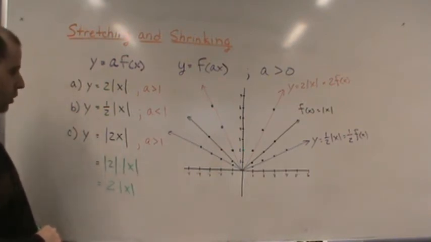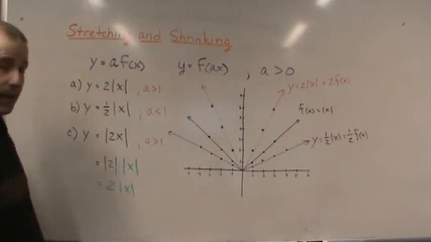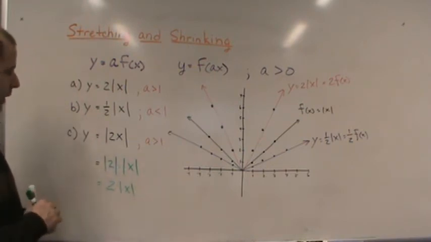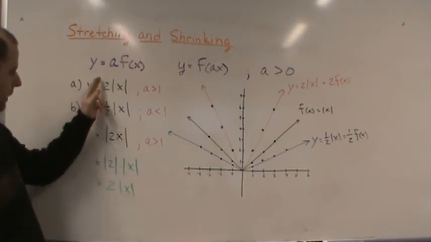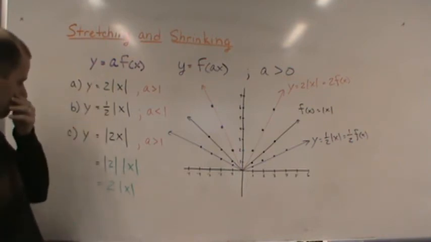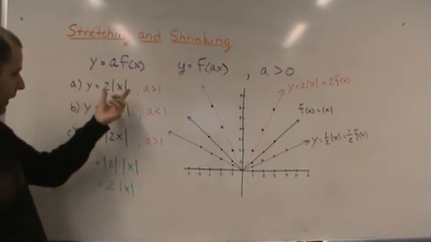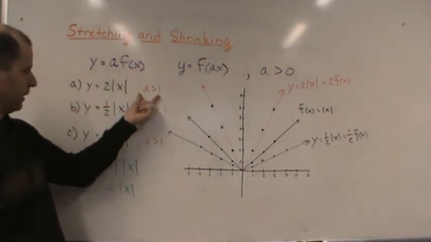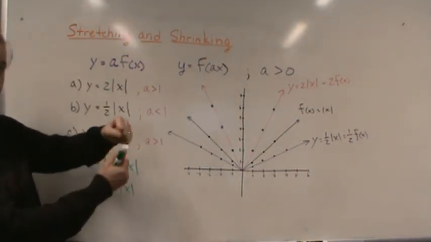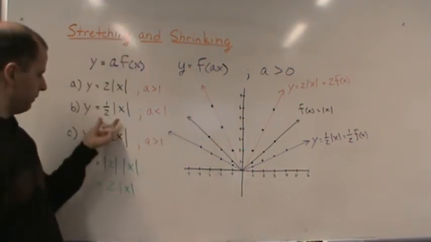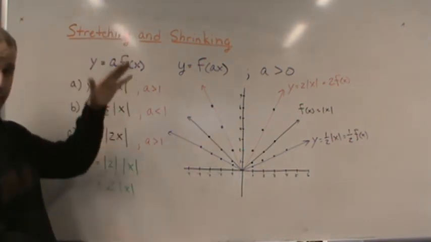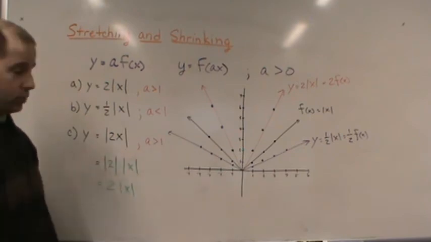But the main takeaway is that if you're multiplying outside the function and a, the number that you're multiplying by, is bigger than 1, then you're going to be stretching in the vertical direction. If the a value is less than 1, then you're going to be shrinking in the vertical direction.